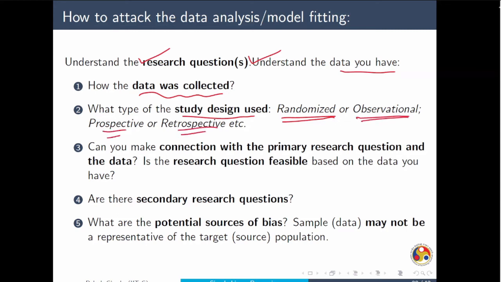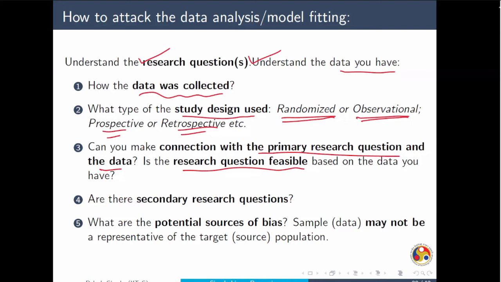You can search the internet because we do not have time to explain all those things right now. And can you make any connections between the primary research question that you have and the data? Is the research question feasible? Sometimes you may have data, but the research question that you want to answer is not feasible based on the data.